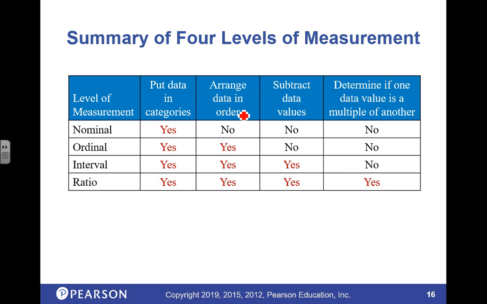Things that can be arranged in order, well, things that are nominal cannot be arranged in any kind of order. What things can we subtract the values and there be some kind of sense? Well, just interval and ratio makes sense if we subtract the values. Determine if one data value is a multiplier of another. Well, multipliers and ratios only make sense for values that are ratio values.